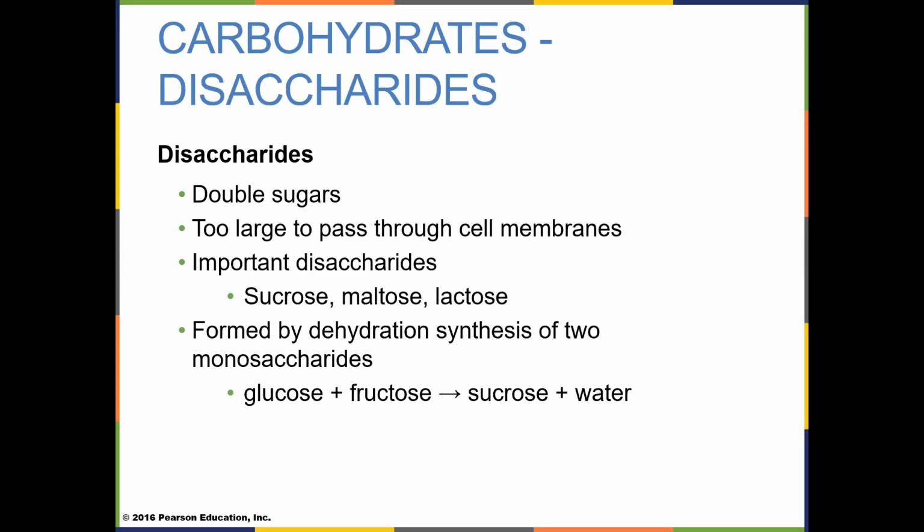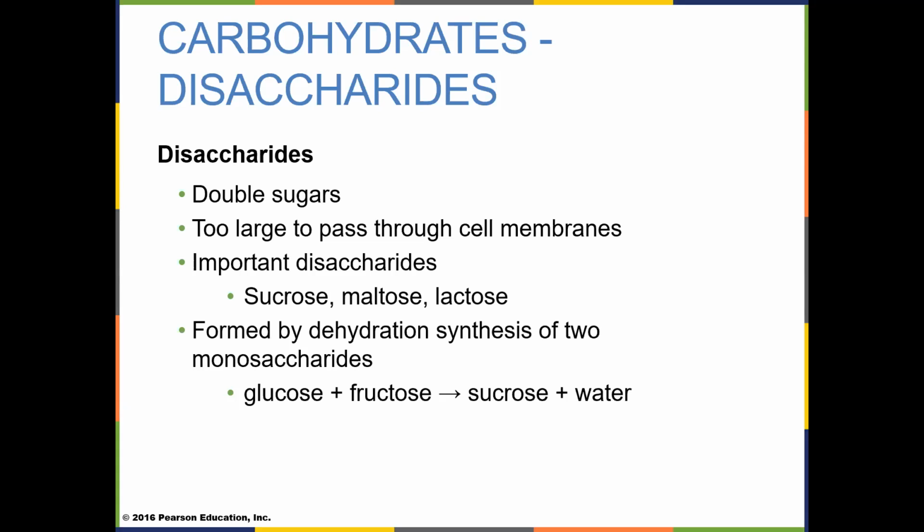See, glucose will fit, but sucrose, the double sugars, are too big to go through. Sucrose is two simple sugars. It is glucose and fructose together. And that is a huge molecule as far as the cell membrane is concerned. So it can't go through. So we can't get sucrose into the cell. It has to be broken down to glucose and get glucose into the cell. So glucose and fructose give you sucrose.